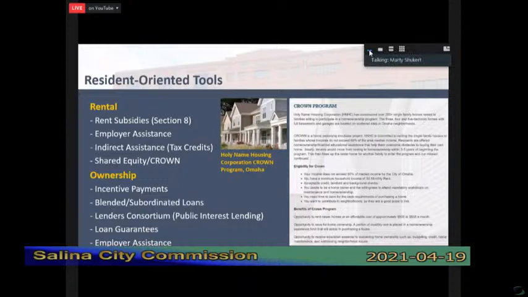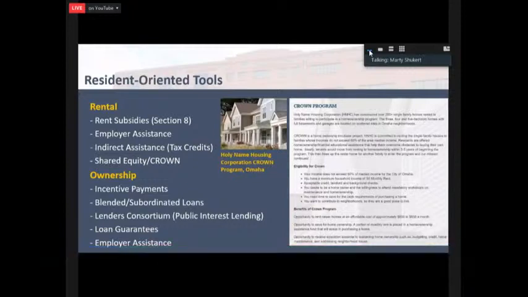So here you see a description of the Crown or rent-to-own program and some of the product that they've produced. Holy Name in Omaha is a very long-standing community development corporation that was organized by a Catholic parish as a program to really repopulate their neighborhood and to reverse blight in it.